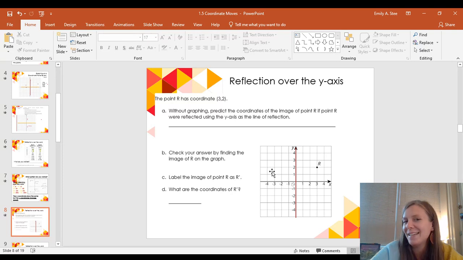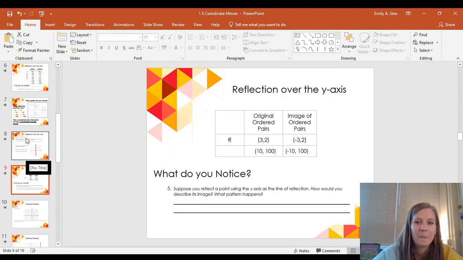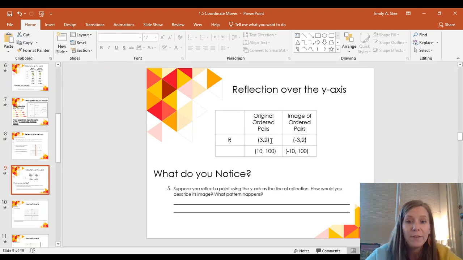I'll pause now. Hopefully you remembered that our reflection should be the same distance away on those corresponding points. If it was originally at 3, 2, it should now be at -3, 2.